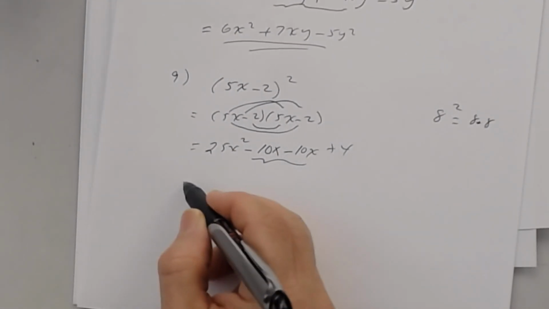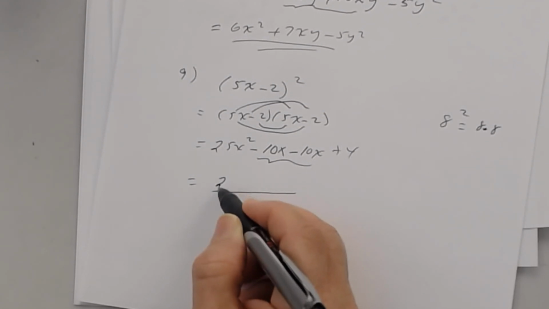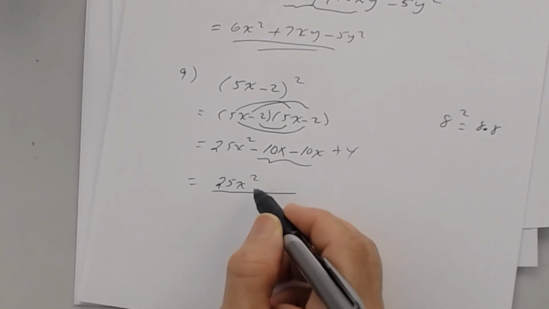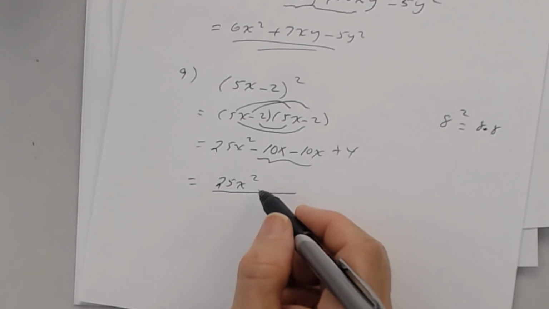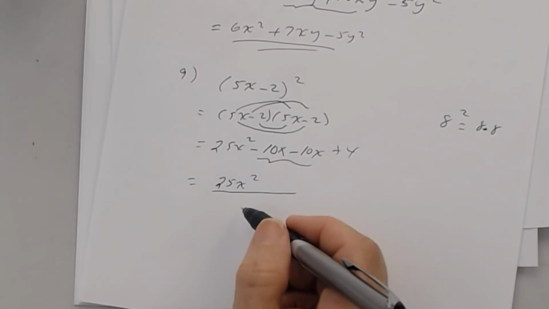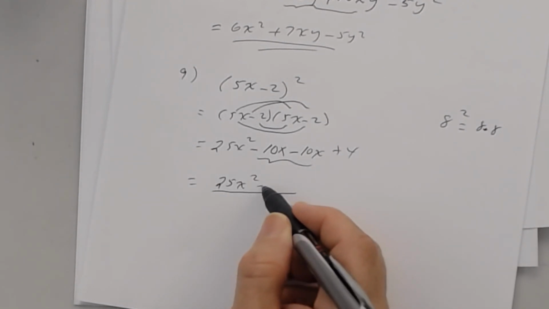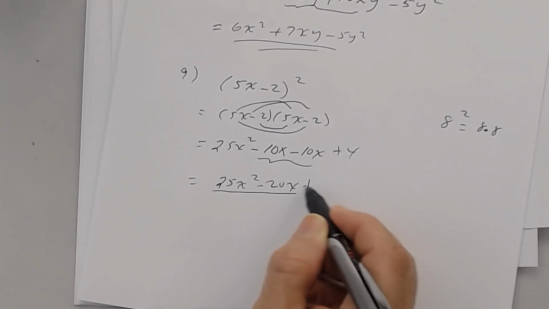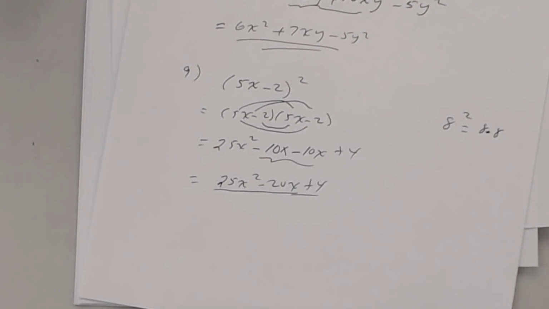Positive 4. And when you combine like terms, what do you end up with? What's your answer? 25x squared, huh? Minus 20x. Because a negative 10 and a negative 10 is a negative 20. And then plus 4. A negative times a negative is a positive, but I'm not multiplying, I'm adding.